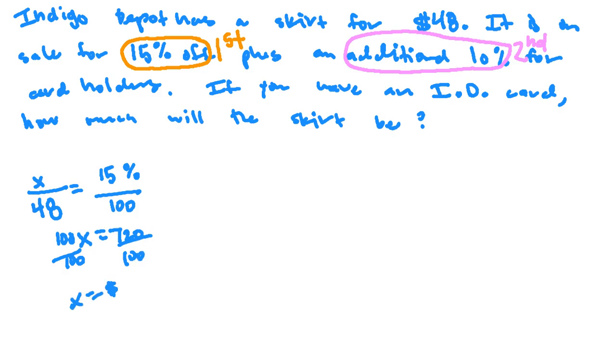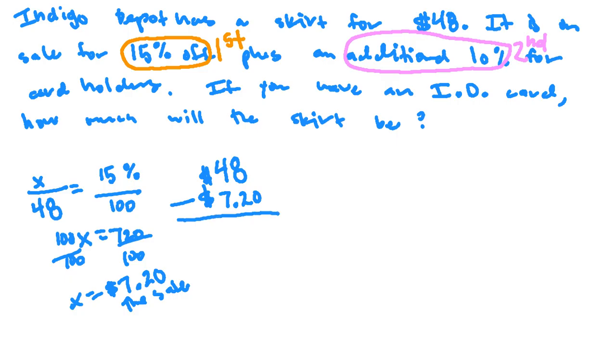Now, this is not the cost of the skirt. This is the sale. So we have to take the skirt, which was $48, and subtract the sale, which is $7.20. So if the skirt was $48 and we take off $7.20, the new price is $40.80.